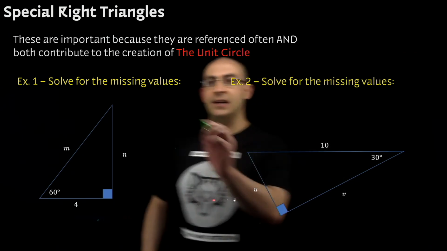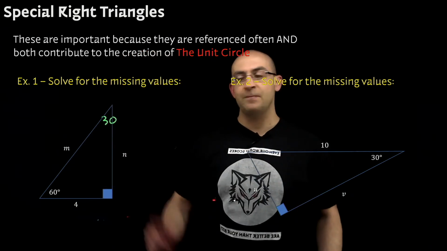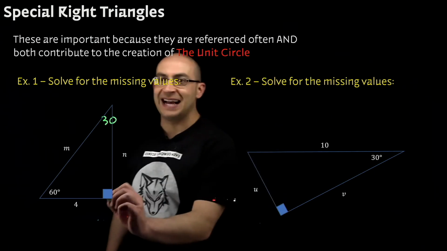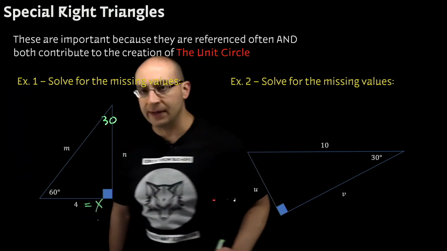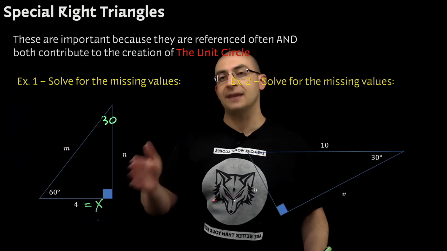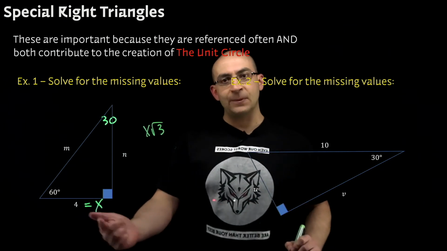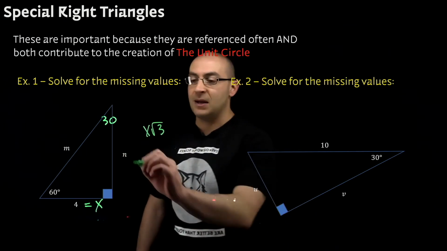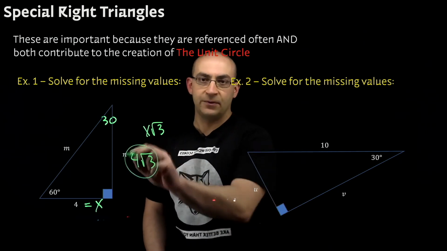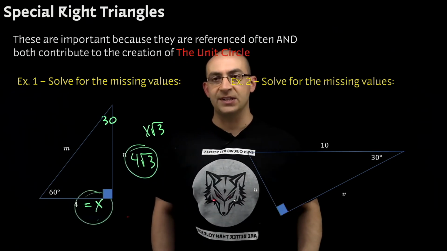This angle up here is going to be my 30 degree angle. It just wasn't referenced, but we can do that to help us. The opposite side from 30 is always referenced as just X. So 4 is going to be our X value. Remember that the other side, or other leg measurement, is labeled as X root 3. Well, if 4 represents my X value, then N must be 4 root 3, because all I'm doing is plugging in 4 for the X. So now I have 4 root 3 for N. We knew the 4 was X here.